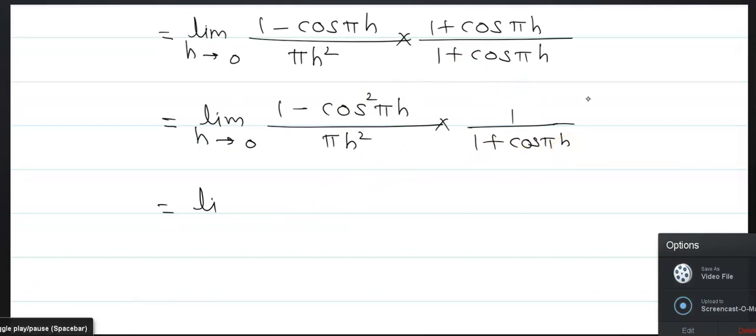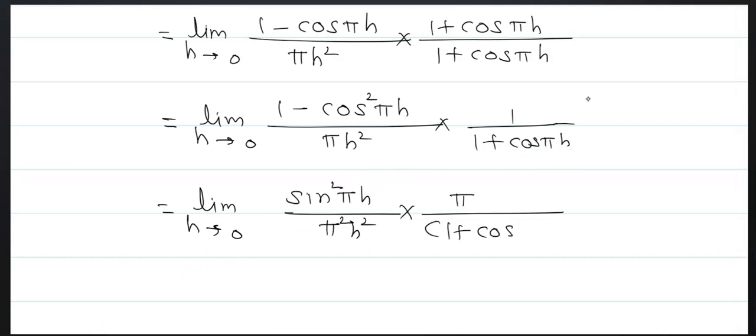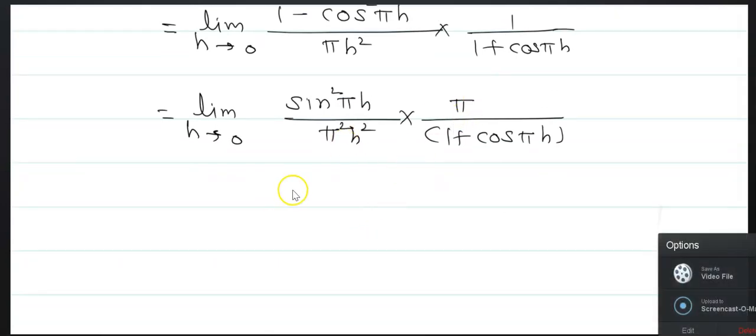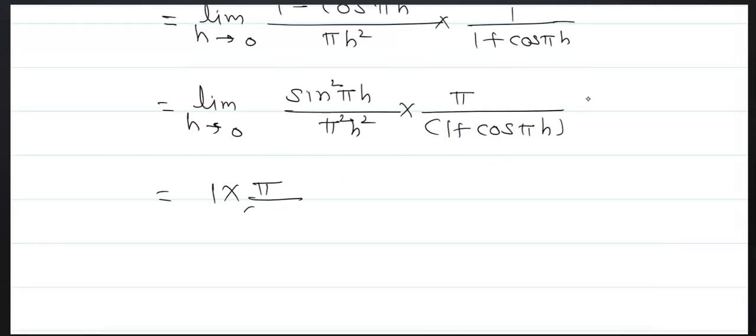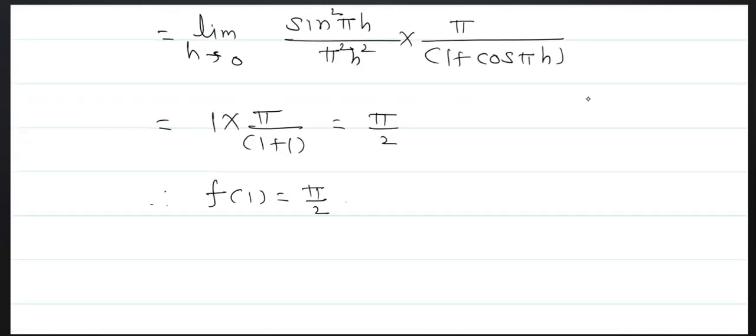Therefore, you will get sin square pi h upon pi h square into 1 upon (1 plus cos pi h). Pi is adjusted there. The value of this limit is 1 into pi upon, as h tends to 0, cos 0 is 1, that is pi upon 2. Therefore, 1 into pi upon 2. f(1) is pi upon 2.